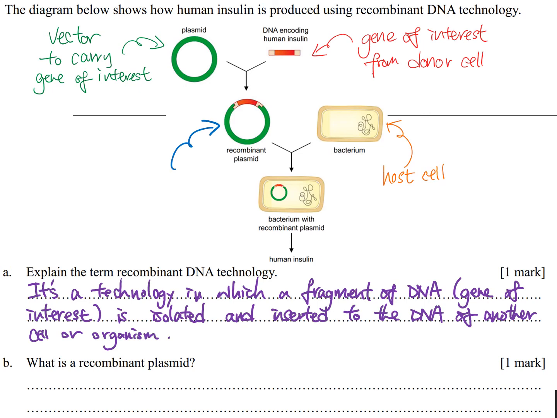For question B, what is a recombinant plasmid? As you can see, a recombinant plasmid consists of a plasmid and also the gene of interest going together.